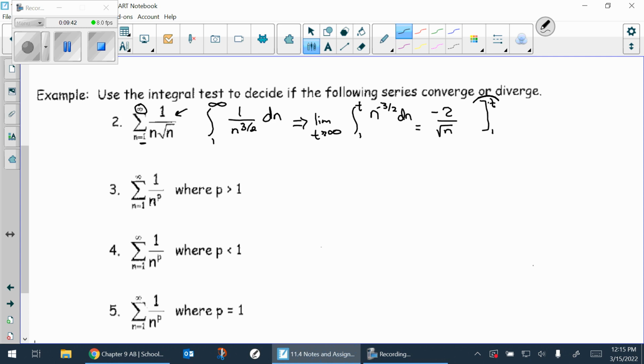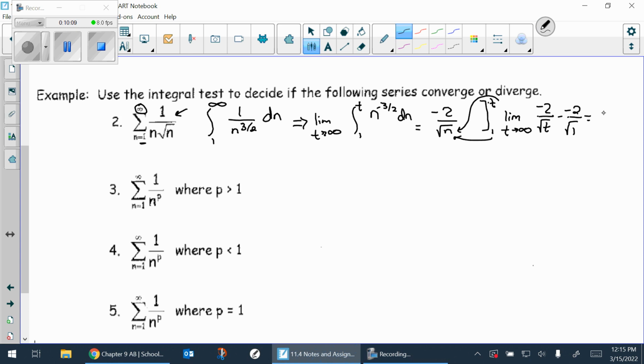Now let's put t in here. I'm going to take the limit as t approaches infinity, and I'm going to have negative 2 over the square root of t minus negative 2 over the square root of 1.